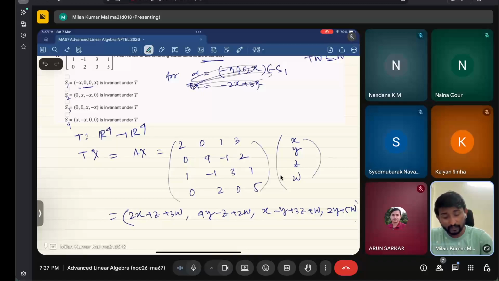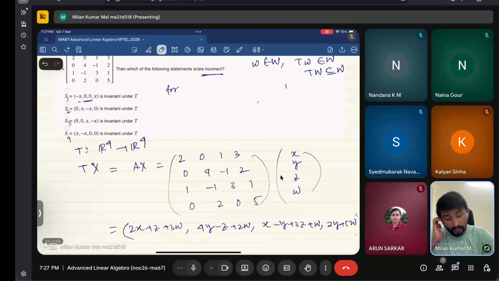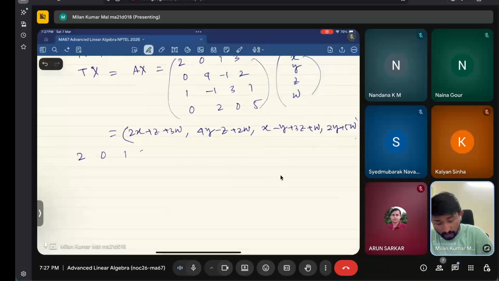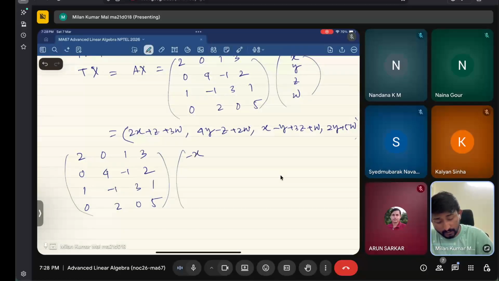Okay, I think I'm making this unnecessarily tough. So let me check one by one. So if I multiply x, we have the matrix 2 0 1 3, 0 4 minus 1 2, 1 minus 1 3 1, 0 2 0 5, and I have to multiply it by minus x 0 0 x.